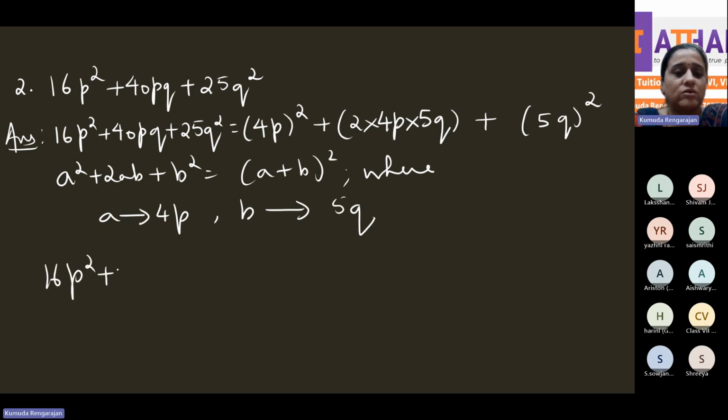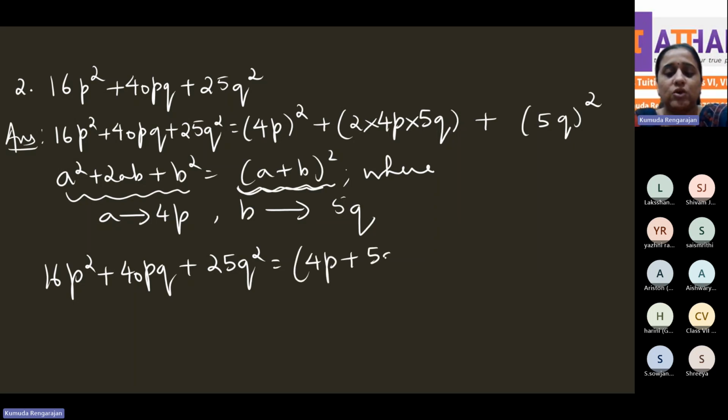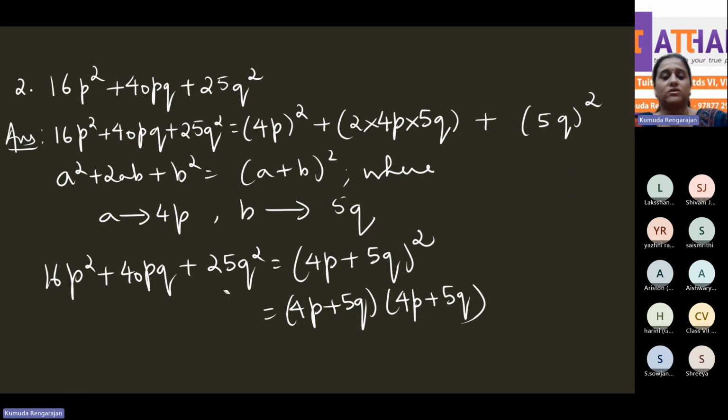So the question looks like this, so the answer should be like this. And what is it? a plus b the whole square. So 4p plus 5q the whole square, which is nothing but 4p plus 5q into 4p plus 5q. Yes, Chibu. Write down.